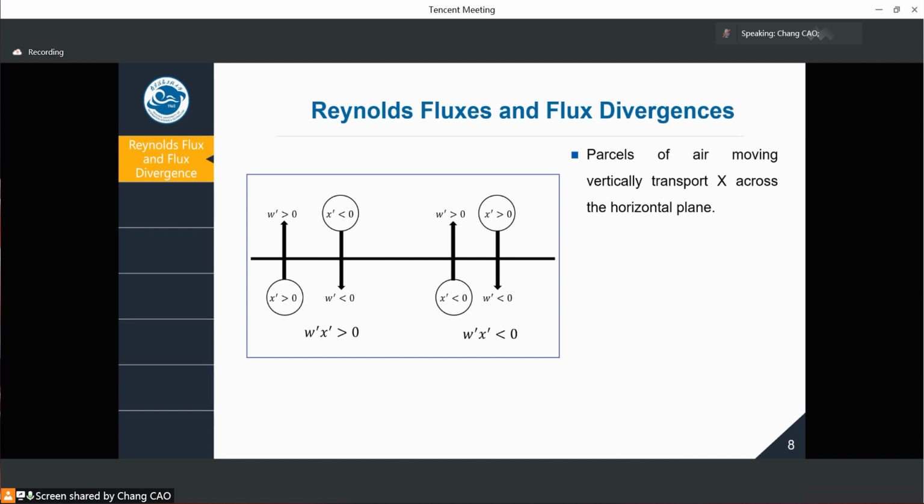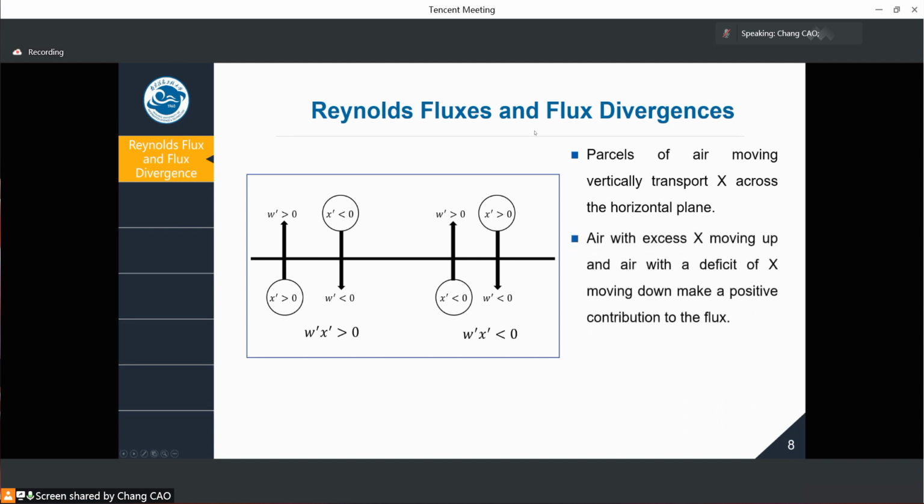Can you understand this? So it seems that air with excess X moving up and air with a deficit of X moving downward both make a positive contribution, right?